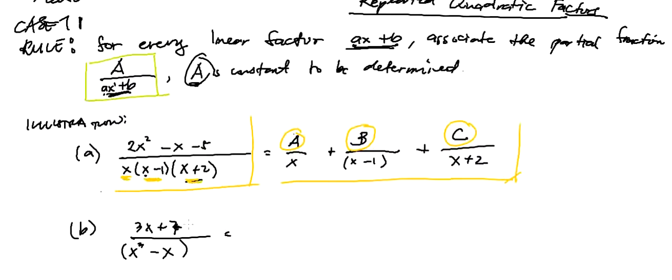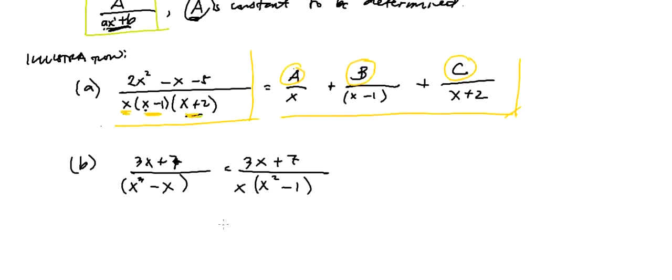We can do a little algebra here, wherein we factor out x, so we have x times (x squared minus 1). We can also factor x squared minus 1 as (x plus 1) times (x minus 1), so they are equal or the same.